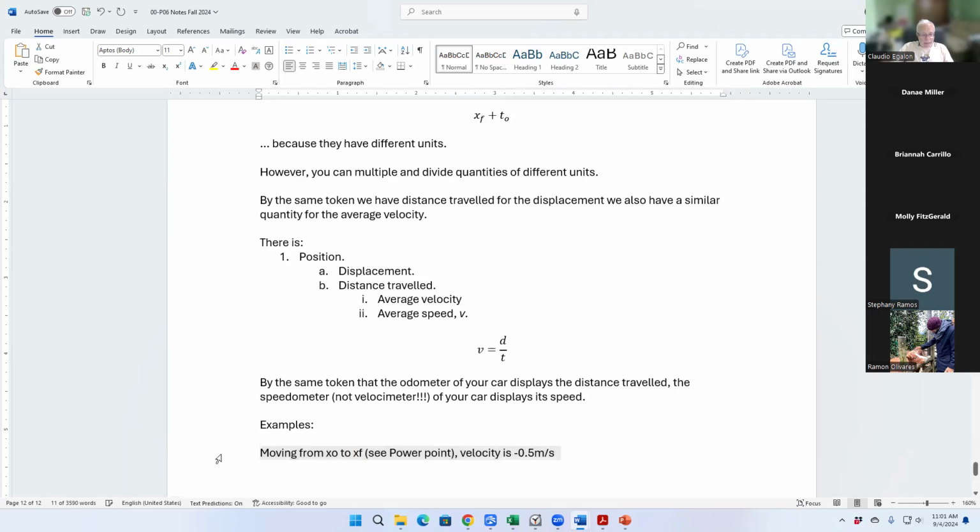But moving from x naught to xf, the speed is plus half meters per second.